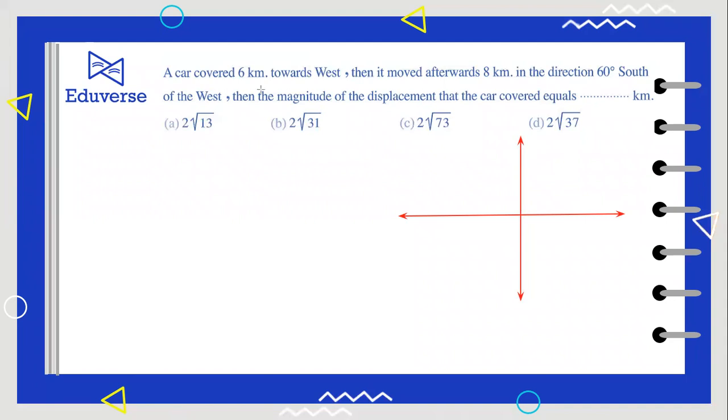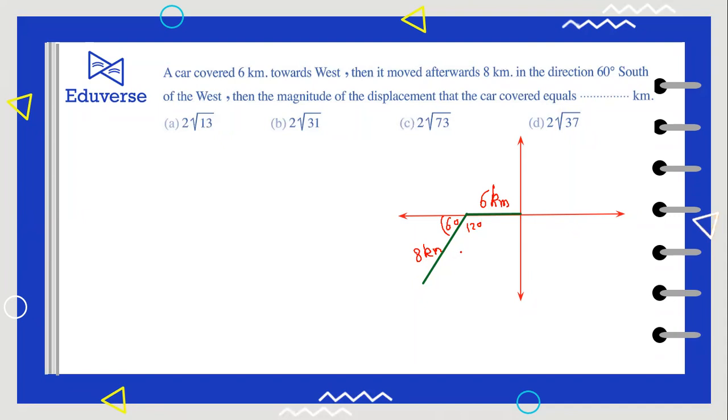The car moved in the west direction 6 kilometers, and then 8 kilometers 60 degrees south of west, like this. Here 6 kilometers in west, and then 60 south of west. That angle is 60 here, 8 kilometers. This angle is 60, then this angle is 120.